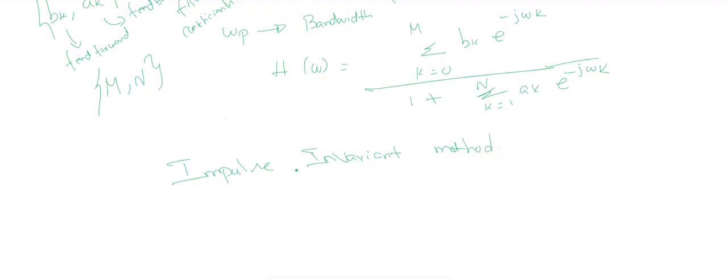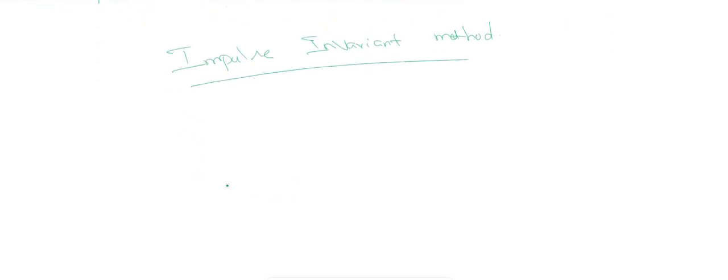How do you get it? The prototype filter, or analog filter, with the transfer function H of s, has an impulse response h of t. So h of t you can define as the inverse Laplace of your H of s.